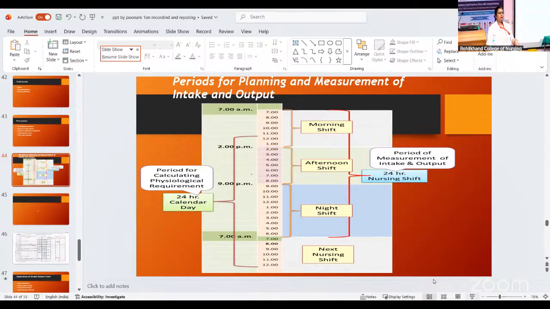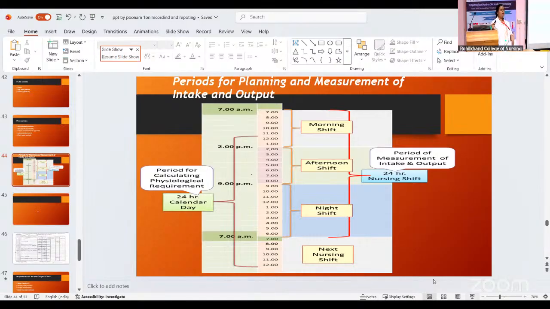अब intake कितना था? 2000. हाँ, आउटपुट कितना है? 3000. आउटपुट इज 3000. सो अब क्या हो गया? हाँ, माइनस में कितना हो गया? 1000. सो माइनस 1000 मीन्स it is acceptable. अगर पेशेंट को हम 500 to 1000 मतलब 500 दे रहे हैं, that is acceptable.